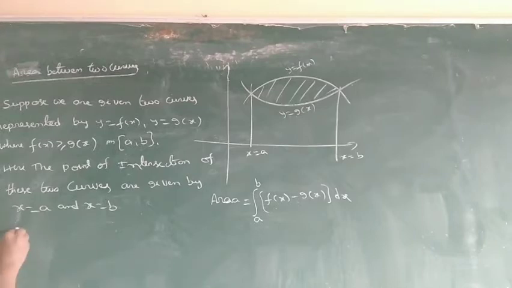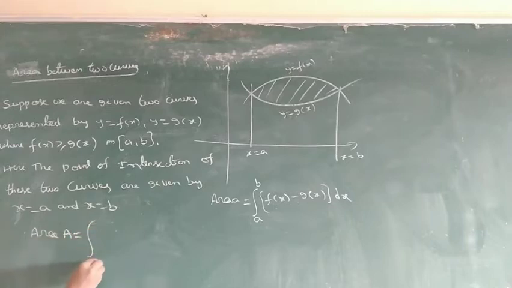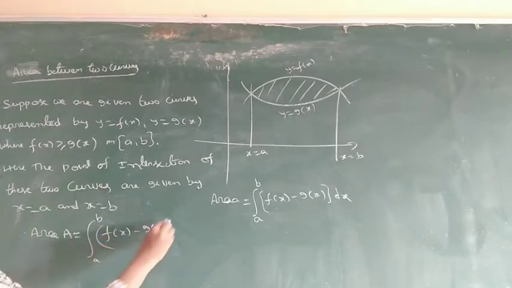So for area, A is equal to integral a to b of f of x minus g of x dx.